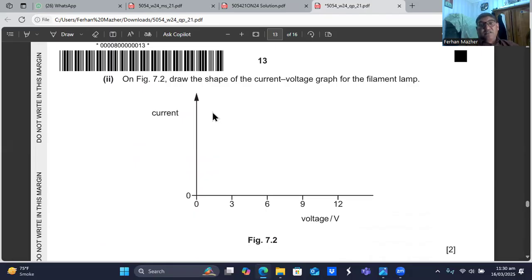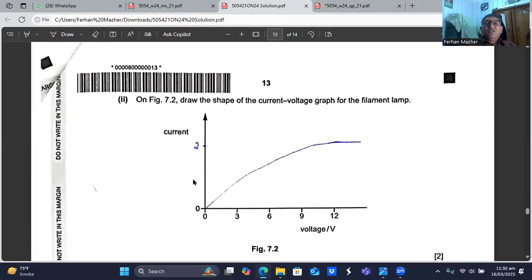Very important: the current is here, the voltage is here. The gradient of this graph is equal to the reciprocal of the resistance. So your graph should be like this. Its gradient is gradually decreasing, which means the resistance of the filament lamp is increasing.